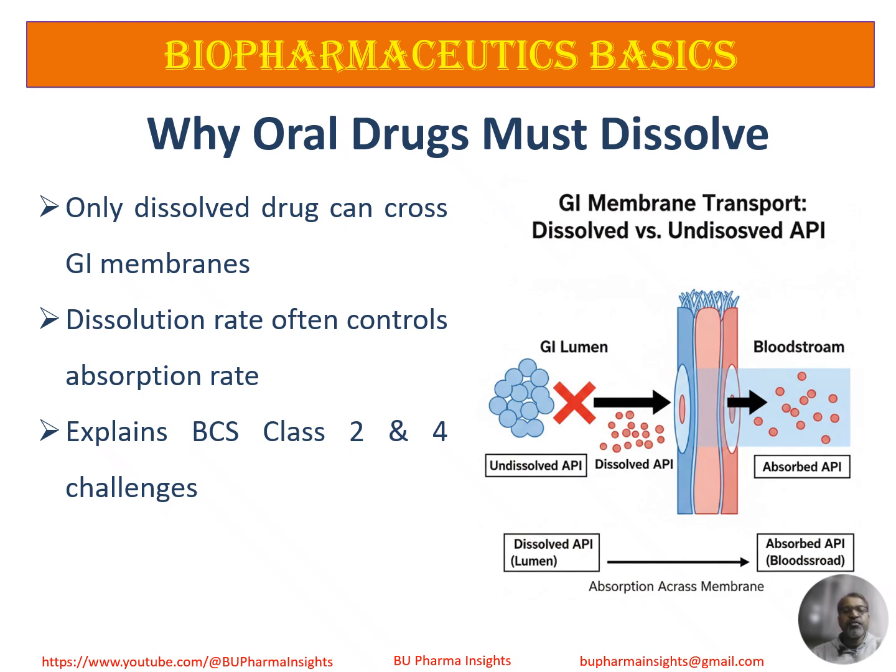That's why for many poorly soluble drugs, dissolution becomes the rate limiting step. By understanding dissolution, we can better predict absorption and overall bioavailability. This is exactly why dissolution is monitored from early development through post-approval.